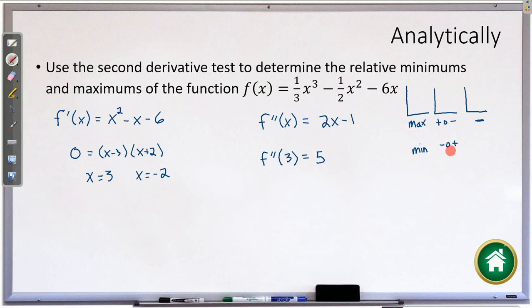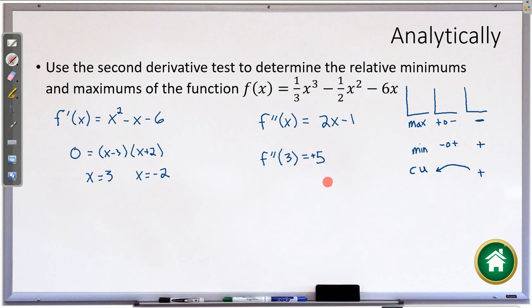Let's take a look at the minimum. If we're going from a negative to 0 to a positive, that's increasing. You're going up, which means your second derivative must be positive. Another way to think about this is if your second derivative is positive, positive 5, what does that mean for the original function? That means concave up.